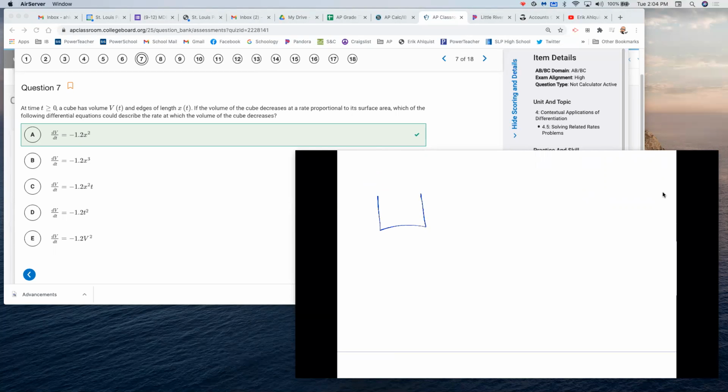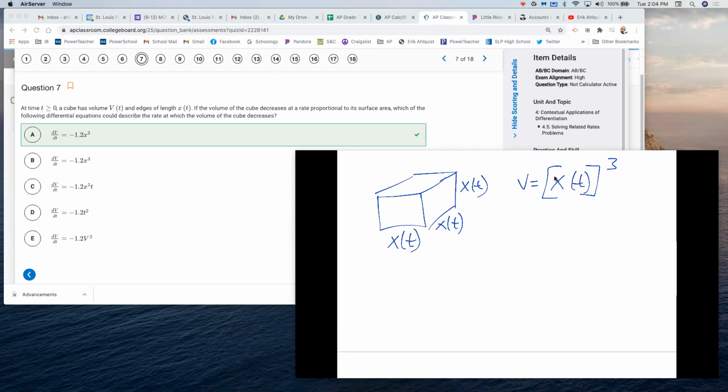You've got this cube that each side is some function x of t. So the volume is equal to x of t cubed. And it says the volume of the cube decreases at a rate proportional to its surface area.